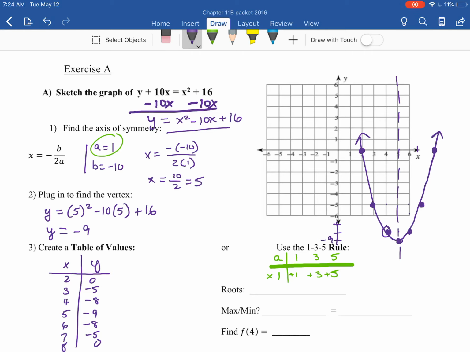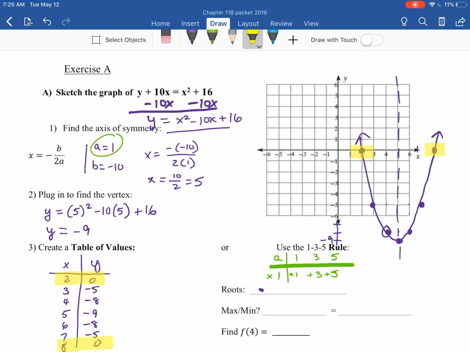Okay, but the graphing calculator works perfectly fine. But for some of you who want somewhat of an easy method, you have that as an option. Okay, so my roots, what are my roots? Where are my zeros? Well, as we said before, where it crosses the x-axis, the y is 0.